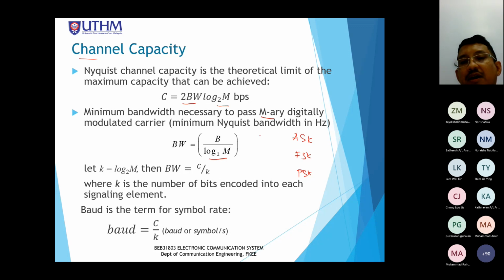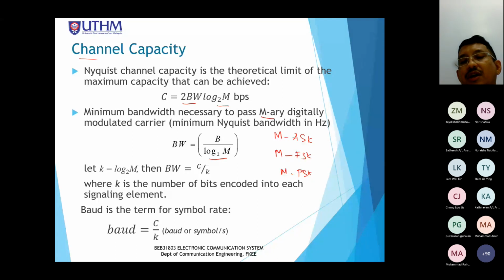Theoretically we can write M-ASK, M-FSK, or M-PSK. So within each of these modulations, there are a few sets of variations, where M is the number of symbols.